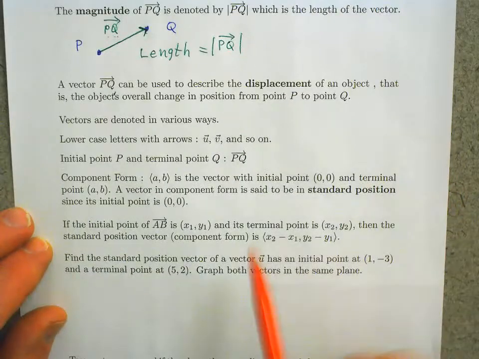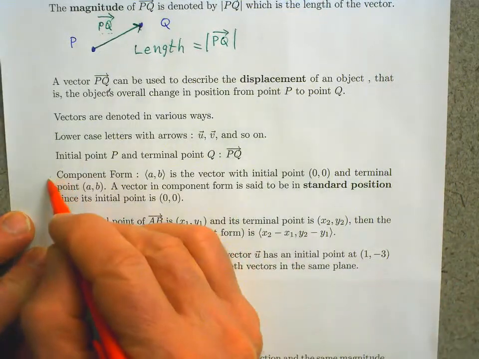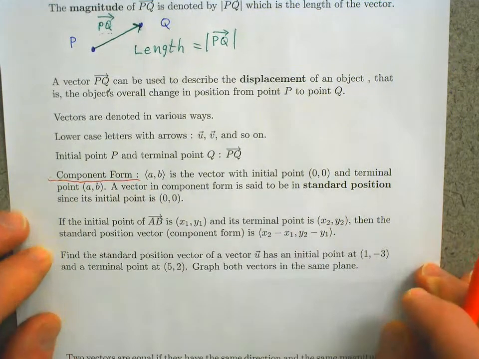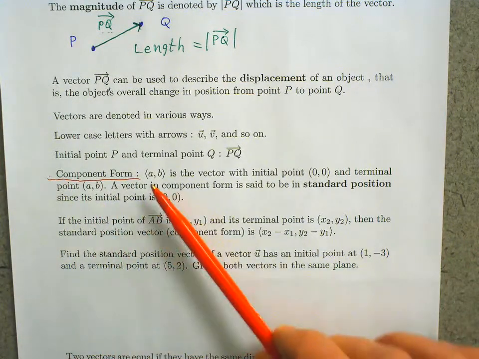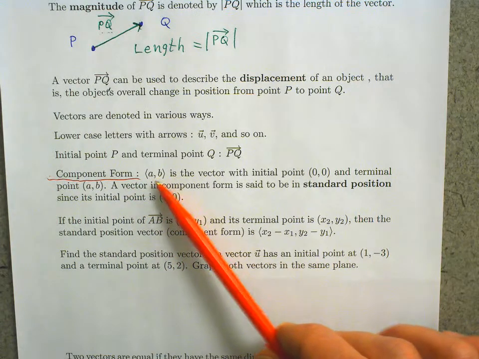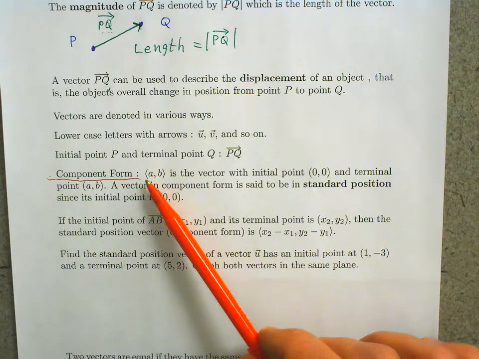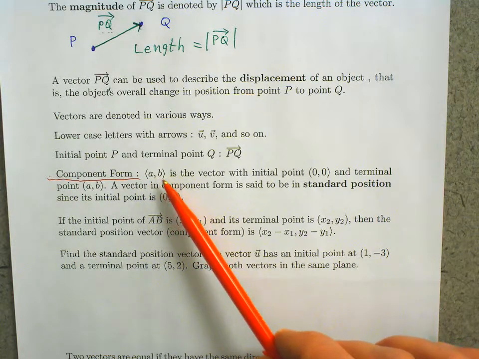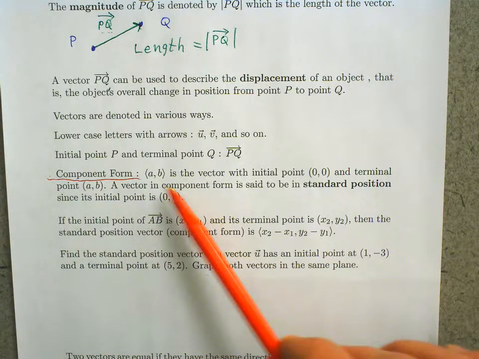There's another way to represent a vector. This is important, called the component form. So we have the coordinates a, b in angle brackets. So left angle bracket a comma b, right angle bracket. This is the component form.